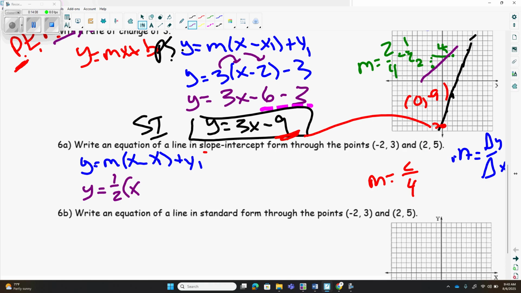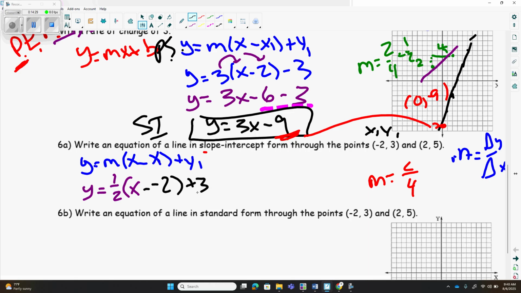Which one? Yeah, you can use either because they're both on the line. All right. So which one do you want to use, Annie? The first one, we'll just call that one x1, y1. That works perfectly. So I would just do y minus 3 equals 1/2 times x minus -2.